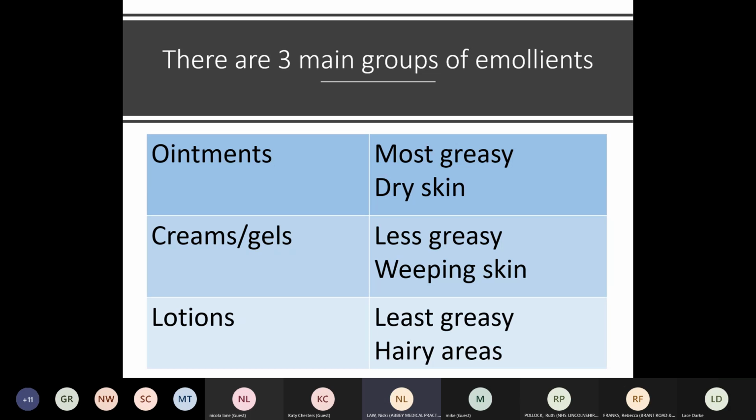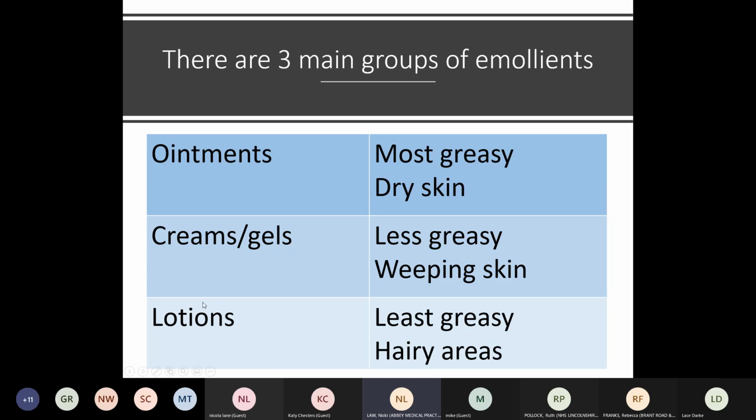Creams are less greasy, and get absorbed a bit better into the skin, and they're very good if the skin's weeping. So if you've got infected skin or very acute eczema that can weep, you're better to use a cream in that area. And then lotions are the least greasy option, and we don't prescribe them all that much, but they are good in hairy areas.